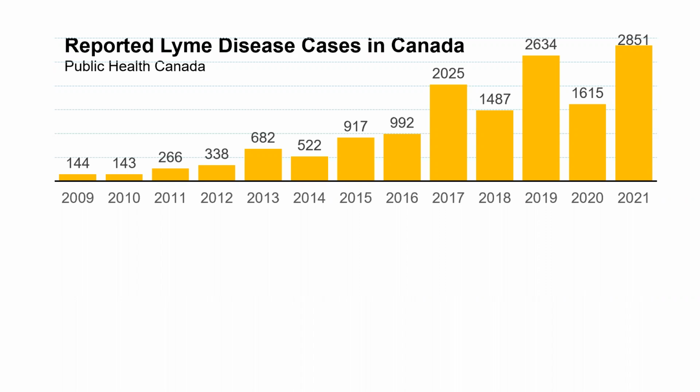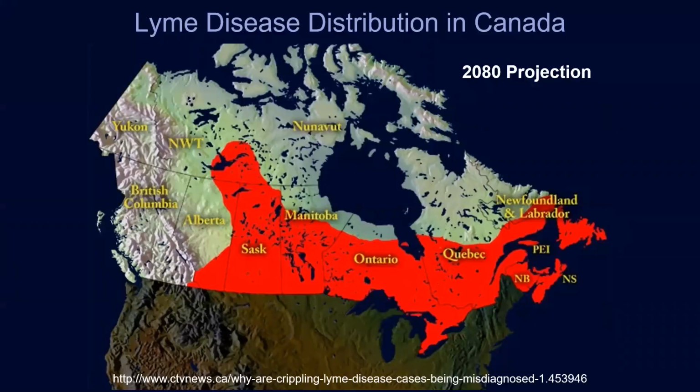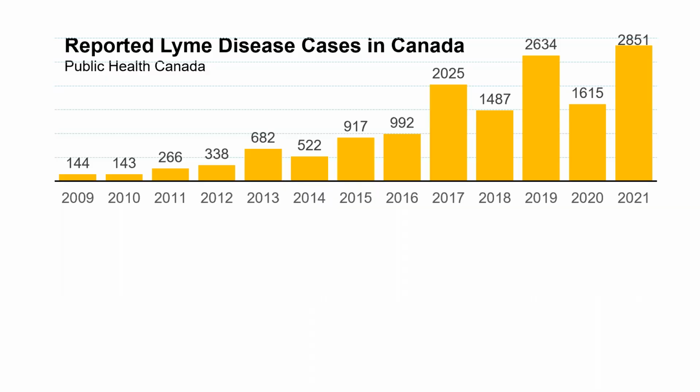Let me show you a map. I'll go back to the map for a second. 1981, I think it was, Lyme disease appeared in Canada right here. There's an island right there. It's kind of one of the most southern tips of Canada. There was Lyme disease there, and then slowly it's been spreading more and more northward. But the cases do seem to be going up.